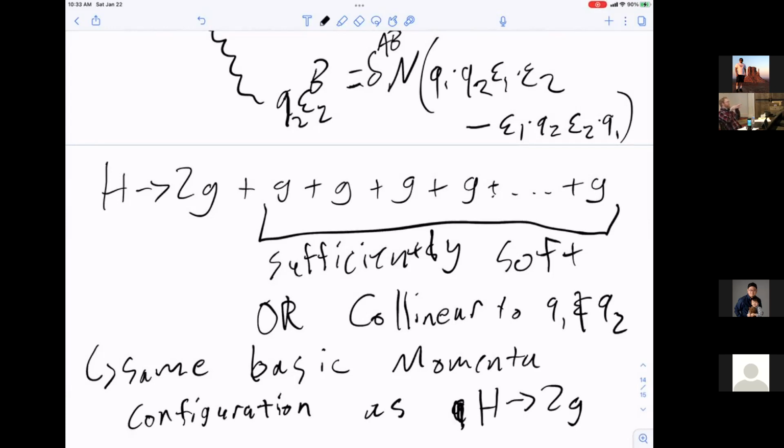Collinear in just the right way to preserve the total momentum Q1 and some small cone about my initial Q1. So inside that small cone, I can have any number of gluons that I care for. All of their momentum adds up to approximately Q1, up to small corrections.